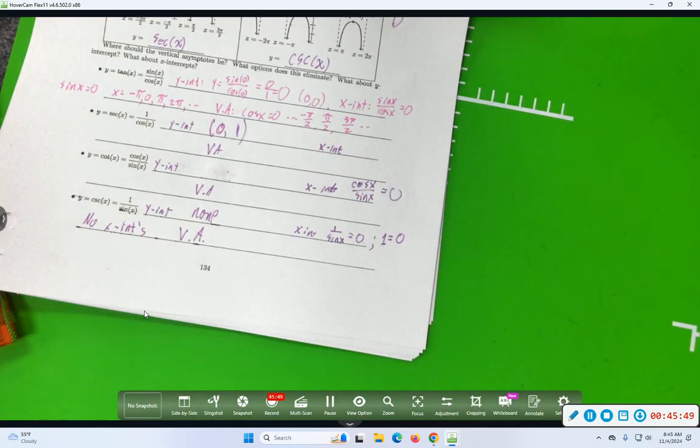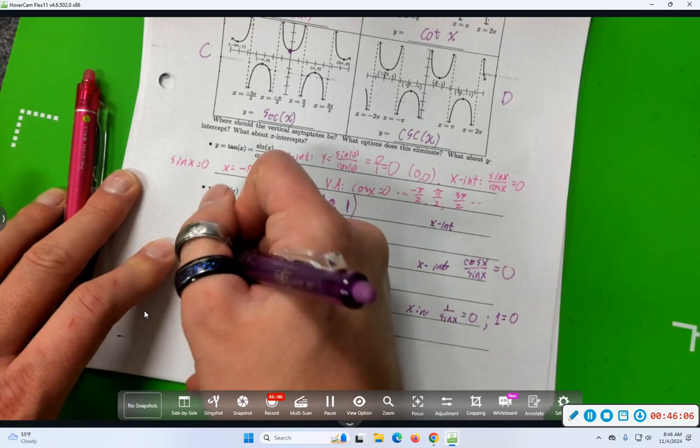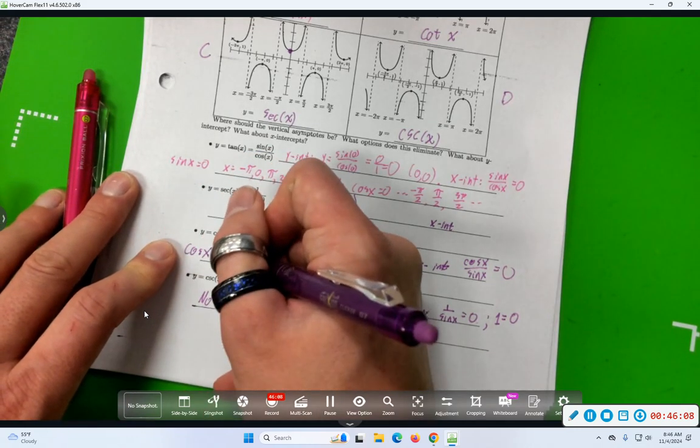What's the only way a fraction can be 0? Numerator is 0. And that's special about 0. A fraction can be 5 without the numerator being 5. You cross multiply and anything times 0 is 0. So that means I want to see where cosine of x is equal to 0.